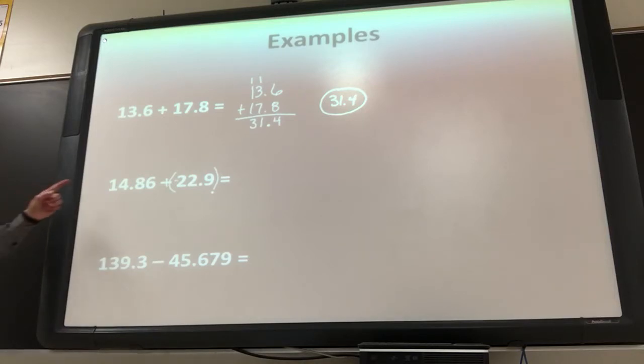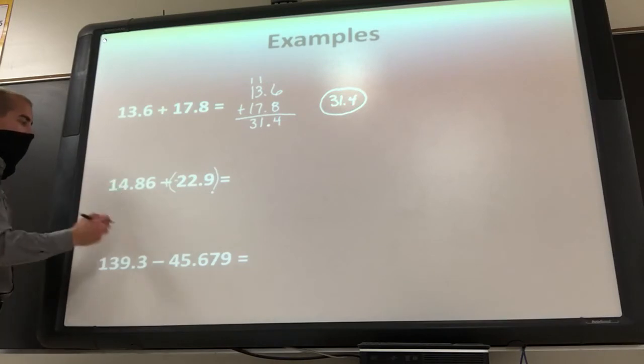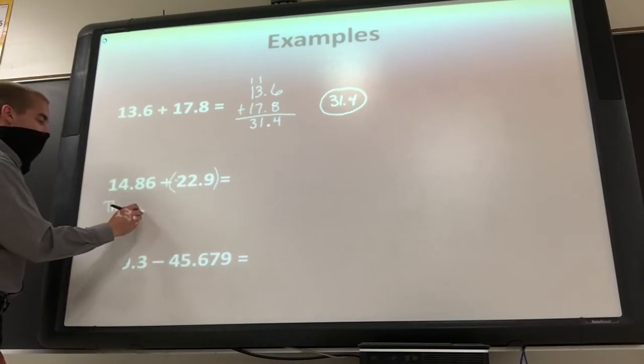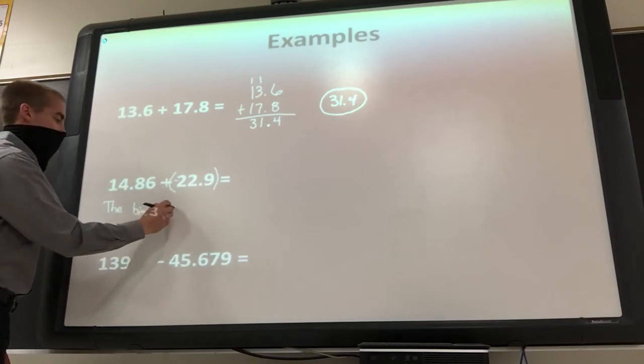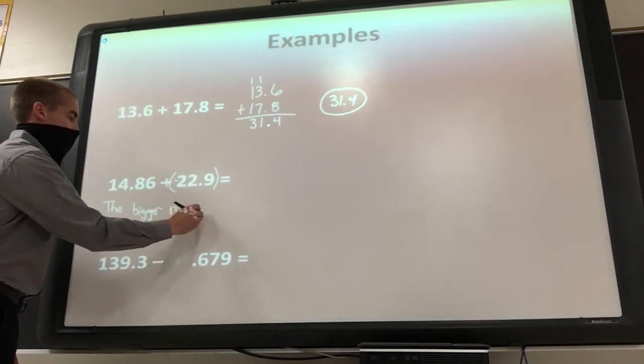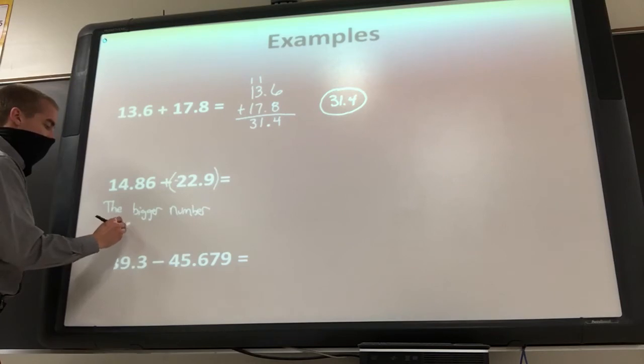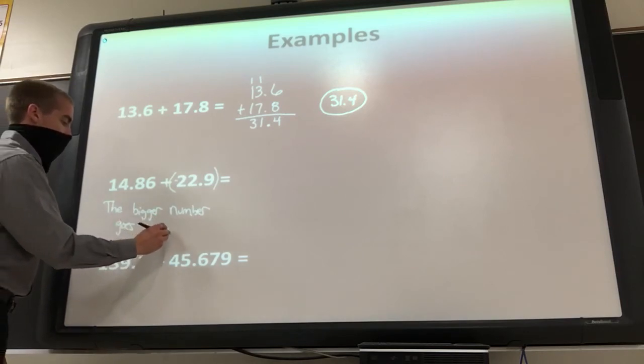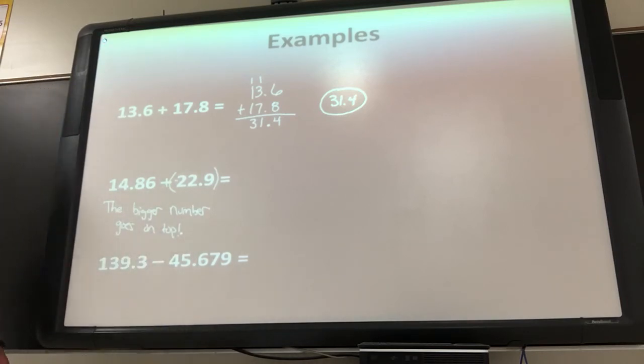Something important when we are subtracting is to make sure the bigger number goes on top. Otherwise, your subtraction's going to be messed up. It's not going to work out how it should.